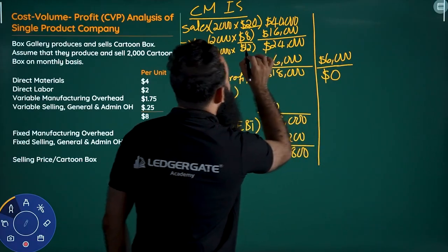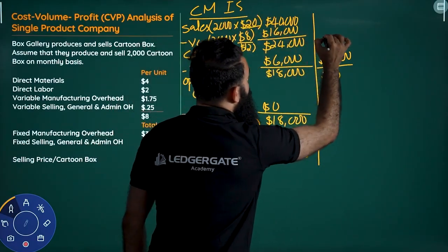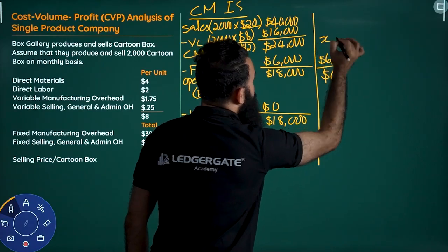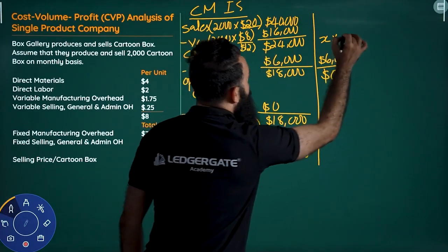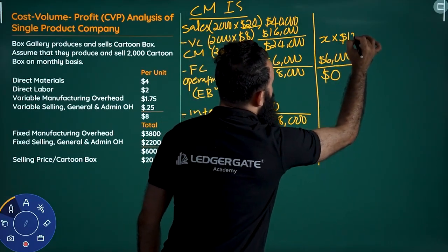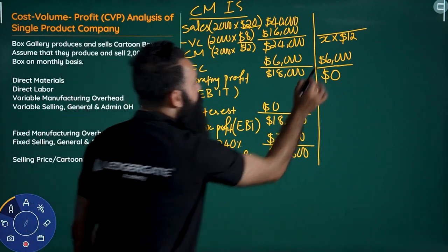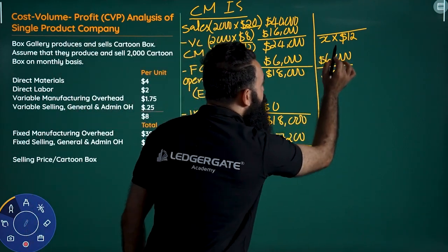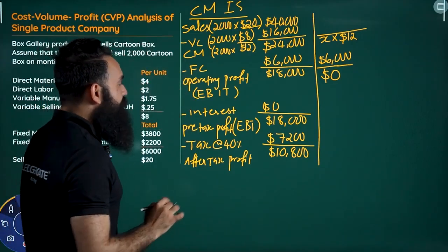So this is never going to change, but this will change. This will be some other units, which we don't know, that's why we are putting X. X into $12 is our contribution margin. From that contribution margin, if you deduct fixed cost, we arrive at profit.